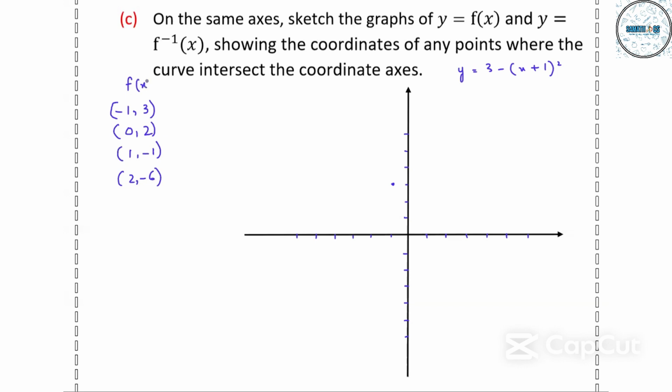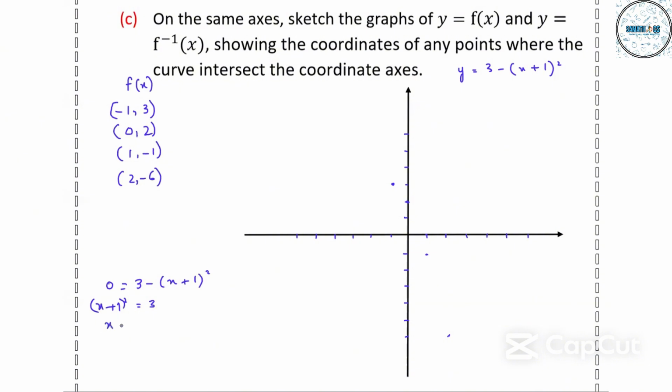These are the coordinates for f(x). So we can mark these points. 0, 2 is here. Then 1, -1 is here, and 2, -6 is almost here. We can find the point where this curve cuts the x-axis. For that, we will take y as 0. Then 3 minus (x plus 1) whole square is 0, so (x plus 1) whole square is equal to 3.